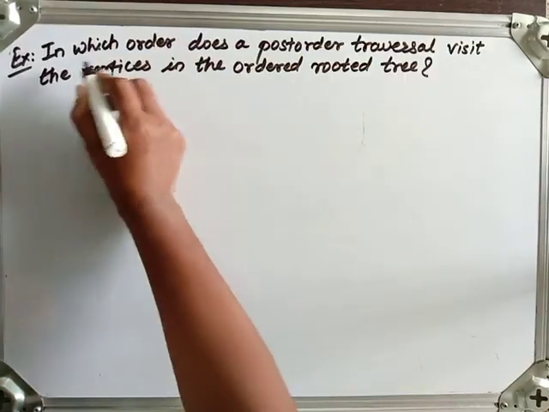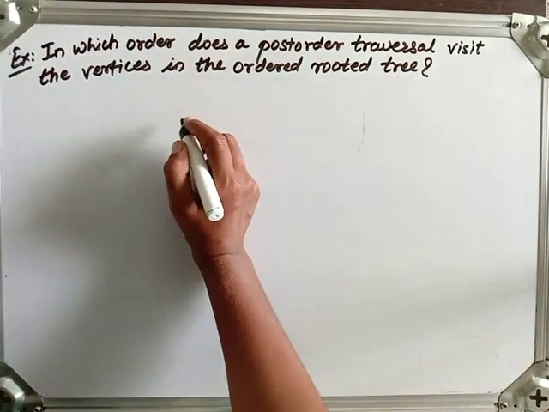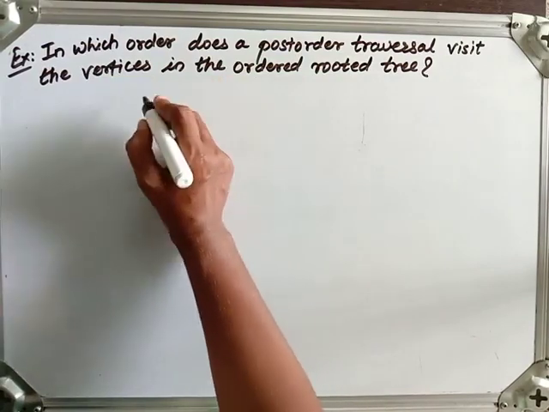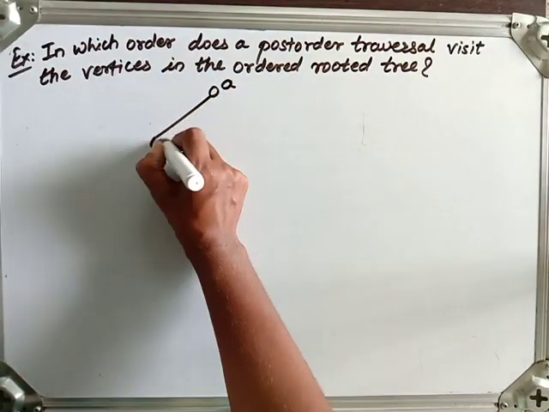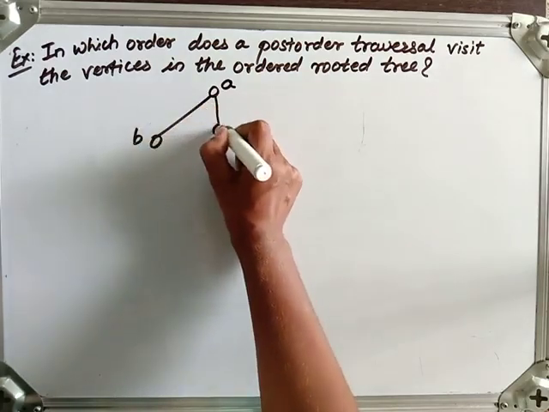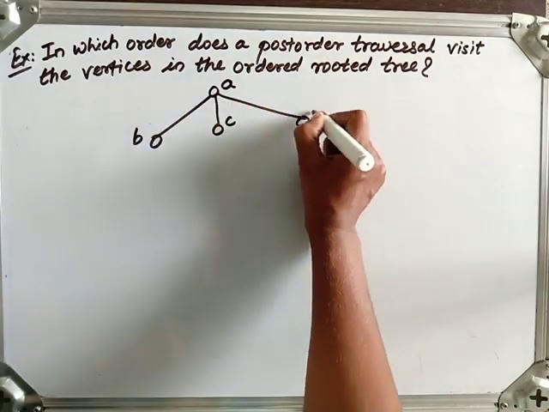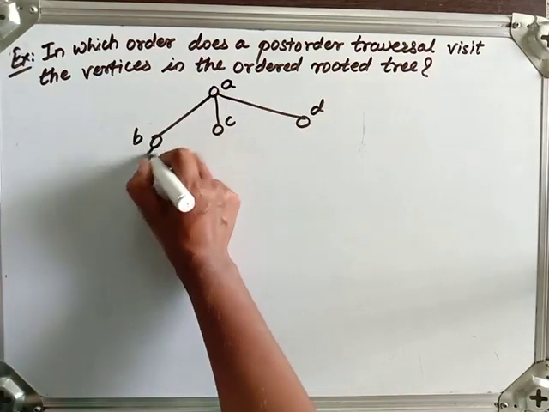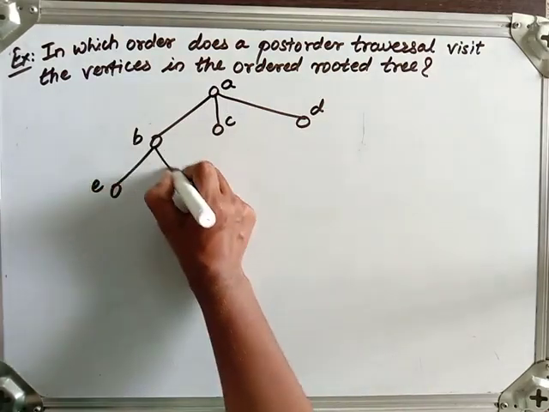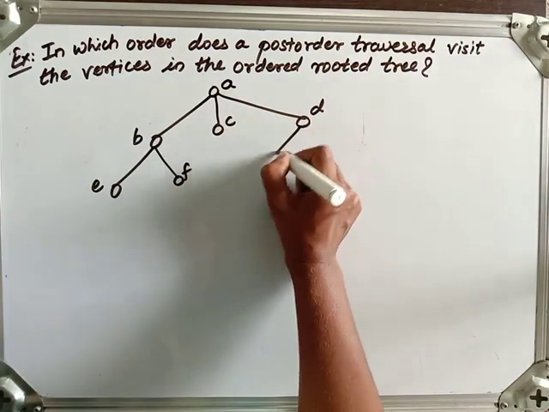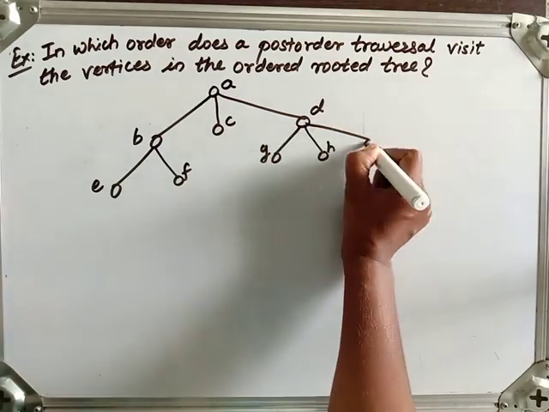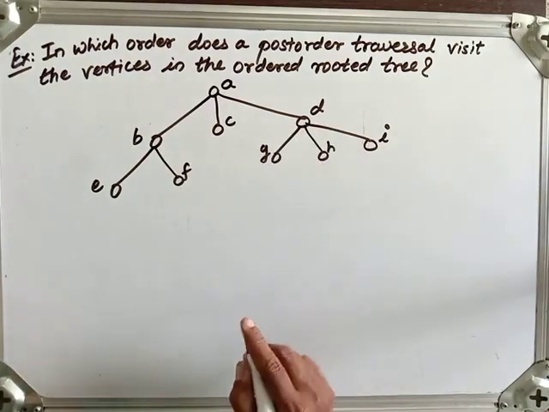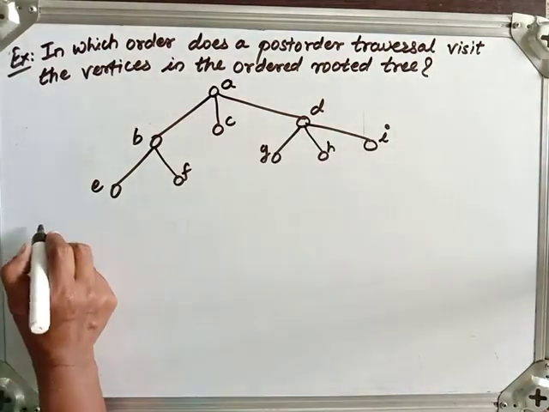The question is that in which order does the post order traversal visit the vertices in a given rooted tree? Okay. So the tree is, suppose here B, C, D. It has the children E, F and here suppose G, H and I. So now we have to use post order traversal here.